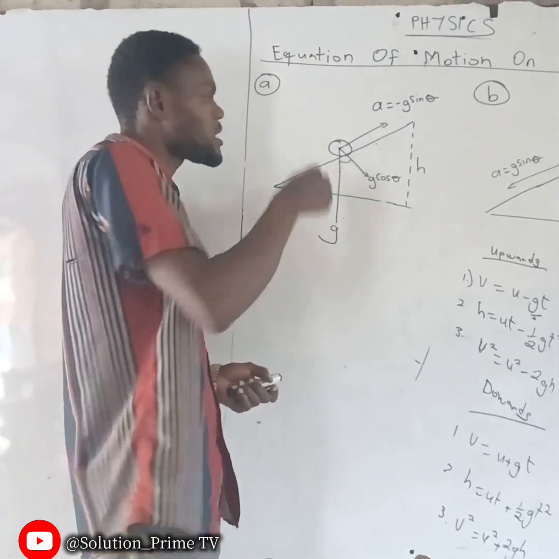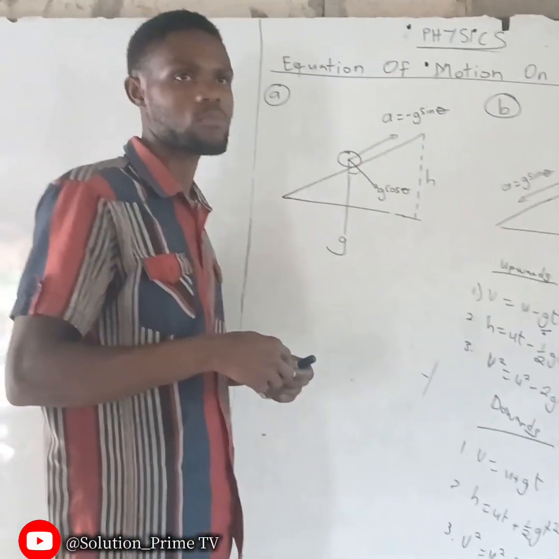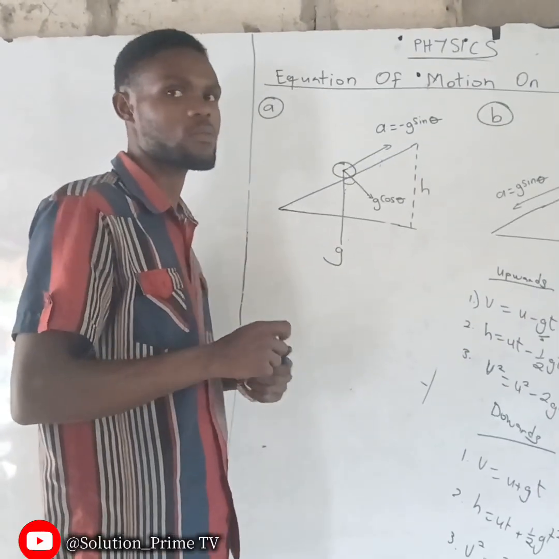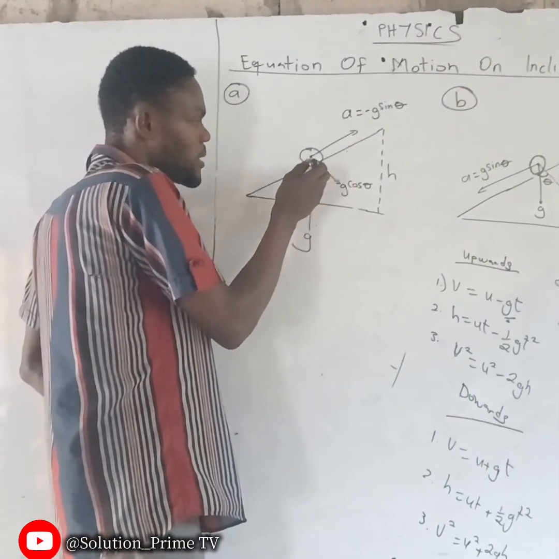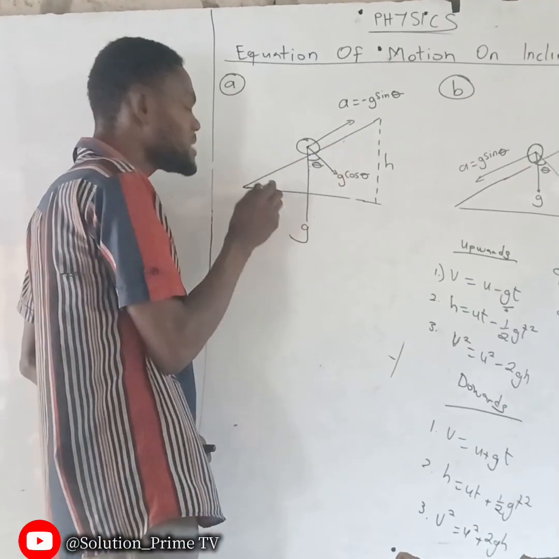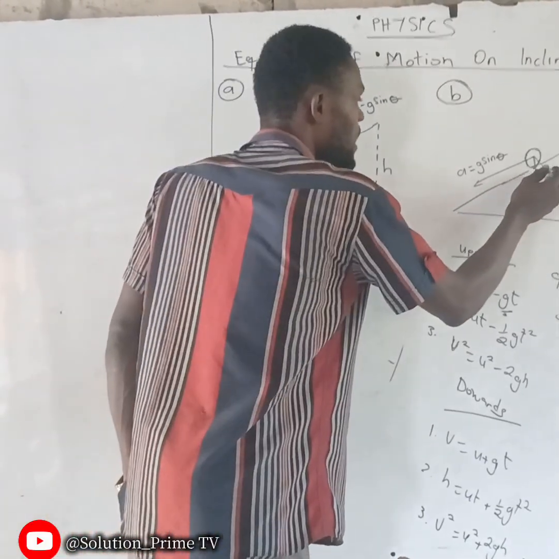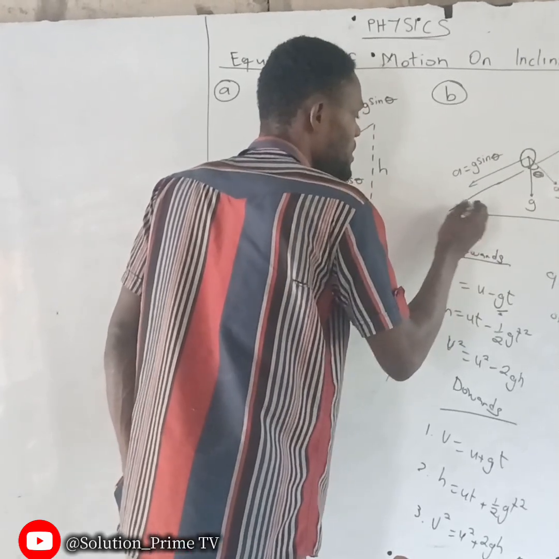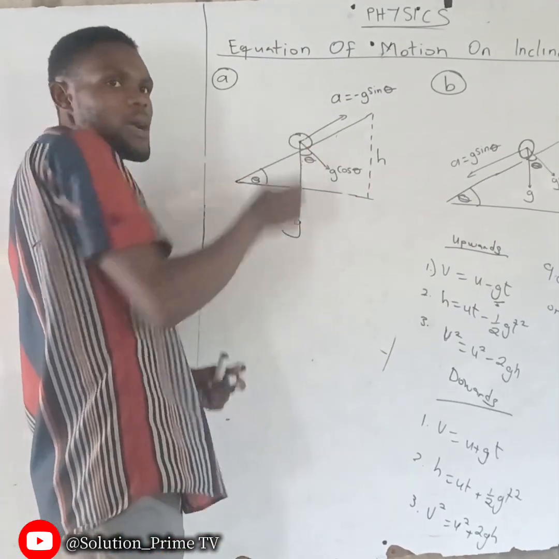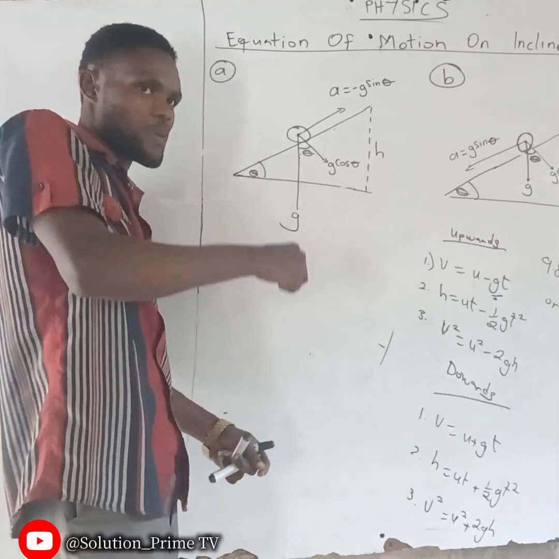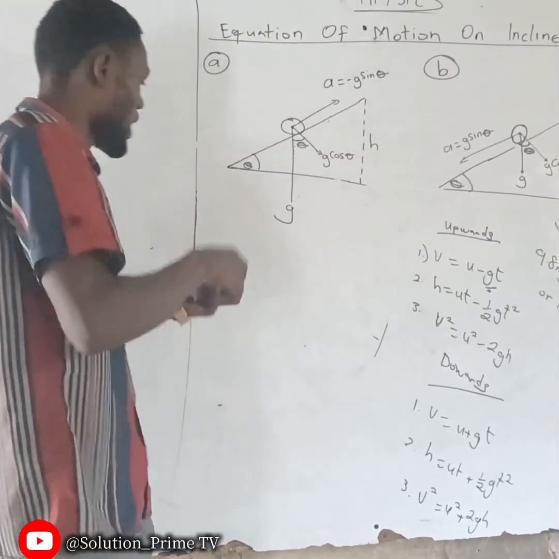Since it is on an inclined plane, there will be an angle. Let me show you. Do you know that this angle here is the same as the angle here? I'll show you. Take a point here and drop it, making the line of the inclined plane something like this.